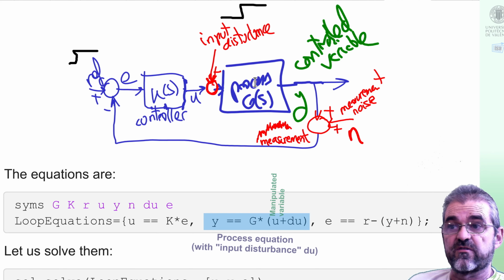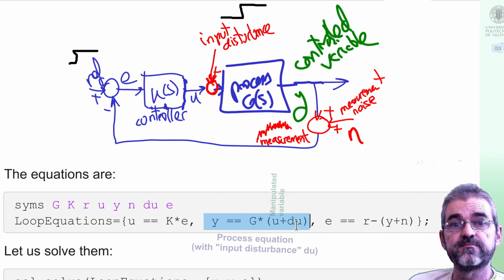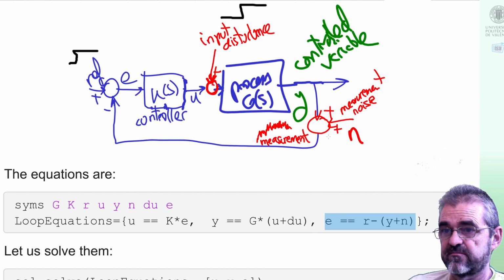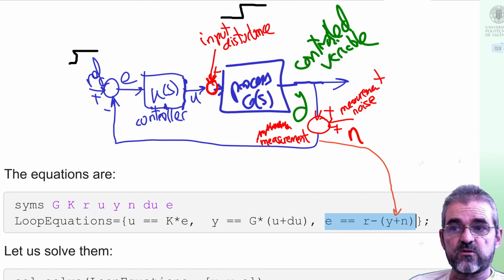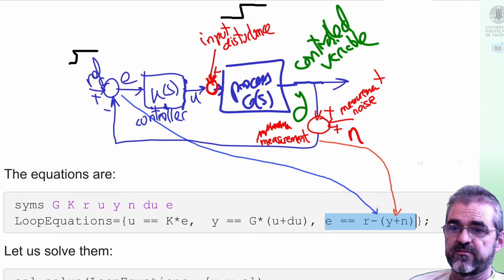This is the equation of the process. The output is the transfer function G times the actual input to the physical plant, which is the U we compute, plus the disturbance input du, which is unknown to us in principle. And the last equation says that the information to my controller is the actual output plus the measurement noise, and the loop error is the difference between the set point and that noise corrupted measurement.